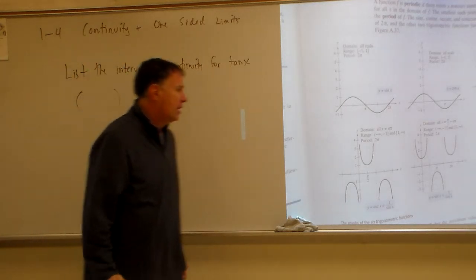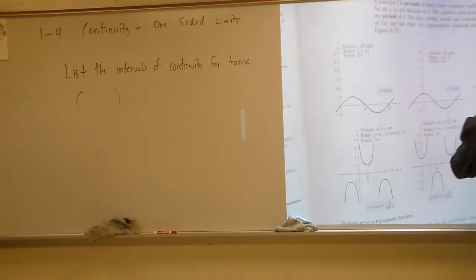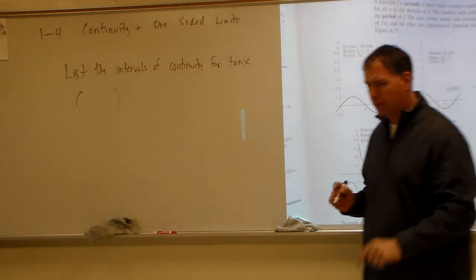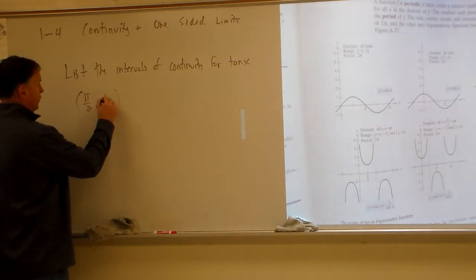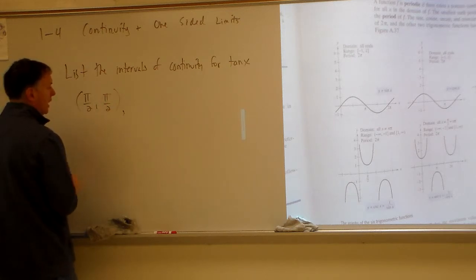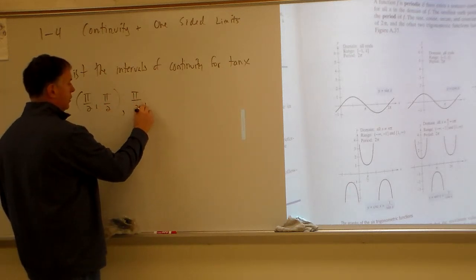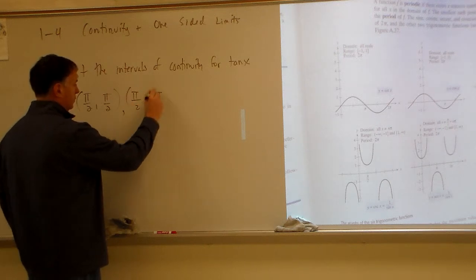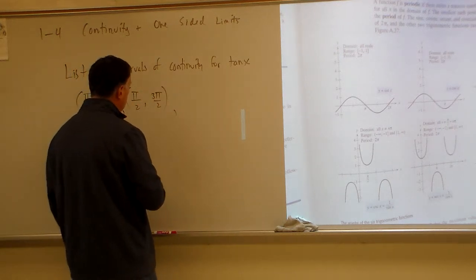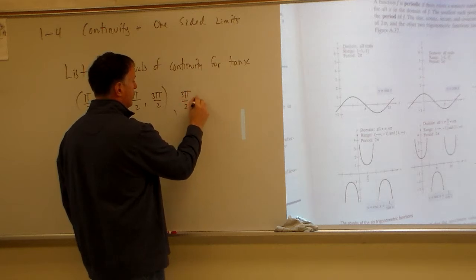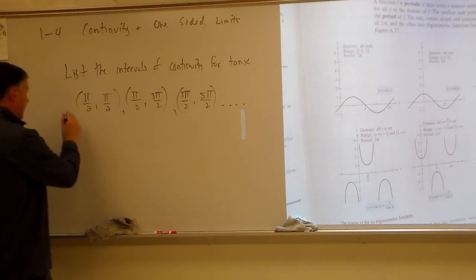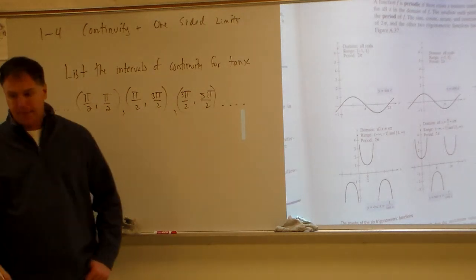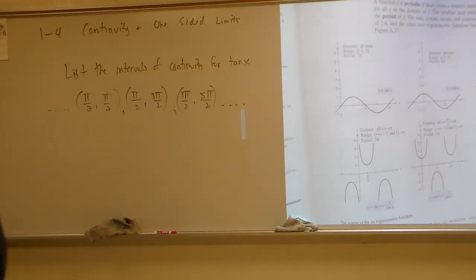This is continuous from negative pi over 2 to pi over 2, but it can't include those, so that's why I have a parenthesis written here. Negative pi over 2 to pi over 2, and then pi over 2 to 3 pi over 2, and then from 3 pi over 2 to 5 pi over 2, and then I'm going to put some dots on that side. That's listing where it's continuous.